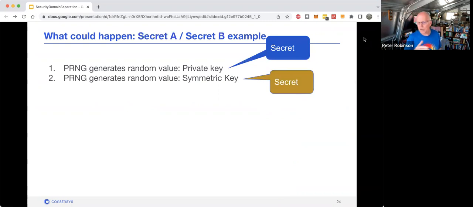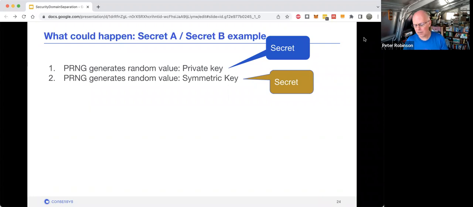And it's not just public and secret. You can imagine that you could have different types of secrets getting created, say a private key and a symmetric key. Say the private key was on a web server, and maybe that private key isn't well secured. An attacker is able to come in and obtain that private key.